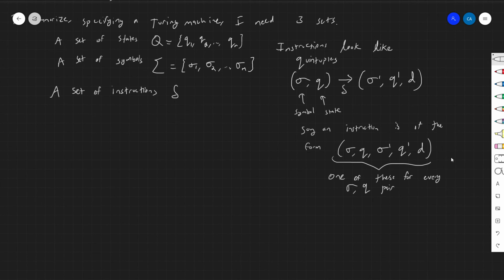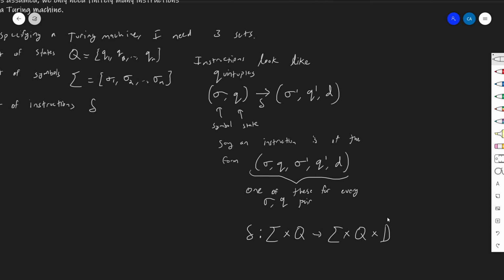In math notation, you would basically write that the transition function is a function from sigma cross Q to sigma cross Q cross D, where D is the set of directions: up, right, left, all the directions, and also a don't-move option.